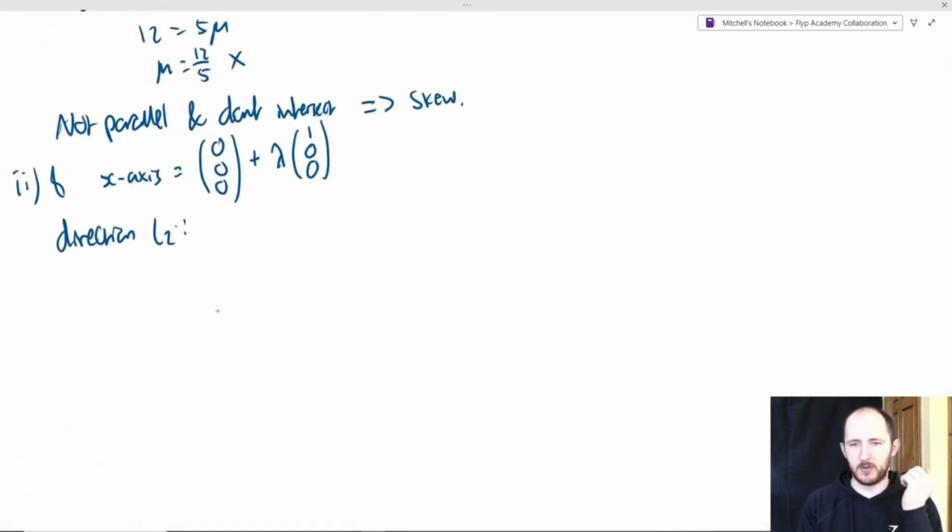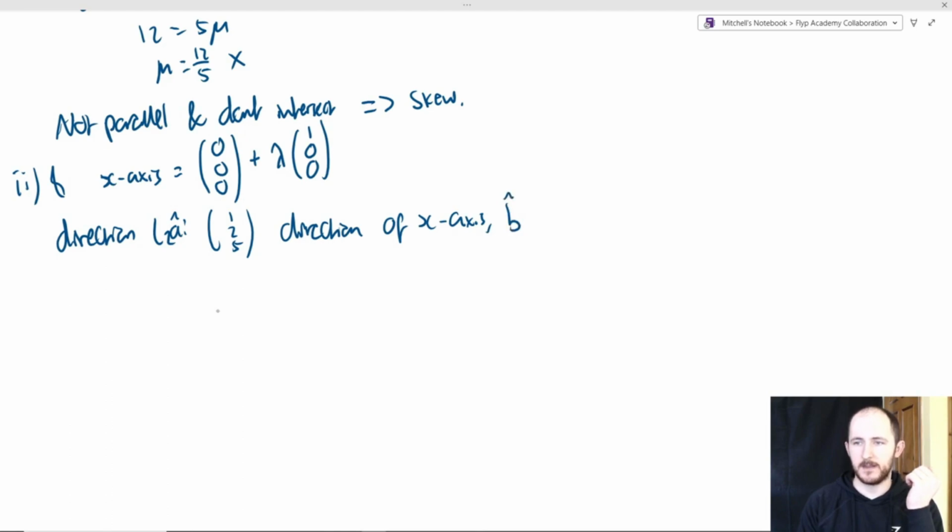And I'm actually going to call this A with a hat, just to make my life slightly easier. And the direction of the x-axis, which I'm going to call B with a little hat, is equal to just 1, 0, 0. So we're finding the angle between both of these direction components.